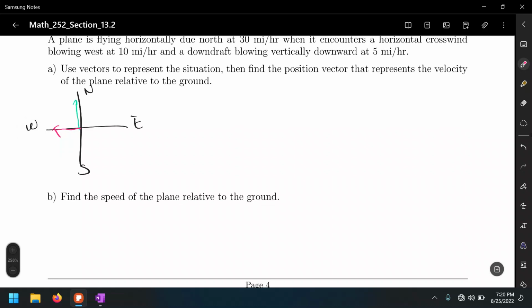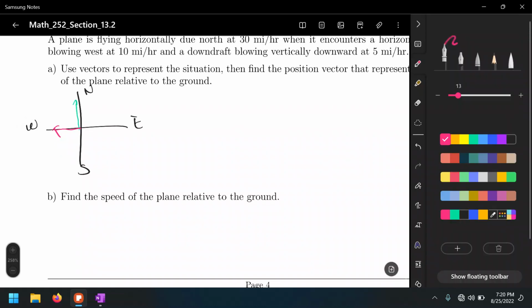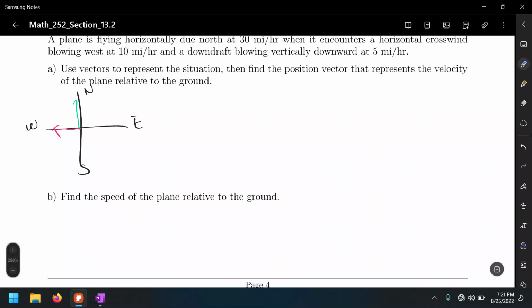Okay, let's write down the vector notation for this. Vector P for the plane. Because it's going to the north, there's no displacement in the x direction, only in the y direction, and nothing in the vertical direction. The wind, however, careful here, because the force is positive in this case acting on the airplane, but because of the direction, it's -10.